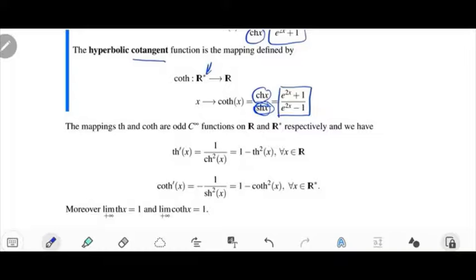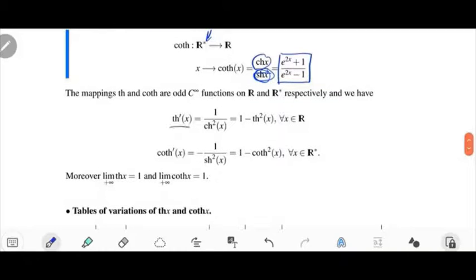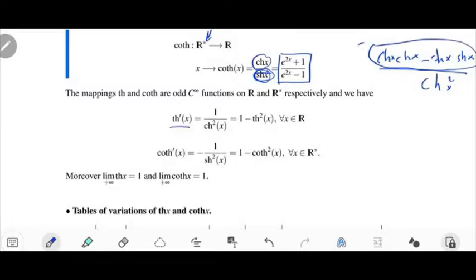And then if you calculate the derivatives, th prime is equal to the derivative of the numerator sh, so it's ch x times ch x, minus the derivative of the denominator, which is sh x times the numerator sh x, over ch squared x. So this is equal to 1. So the derivative is 1 over ch squared of x.